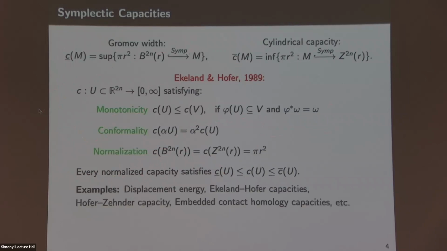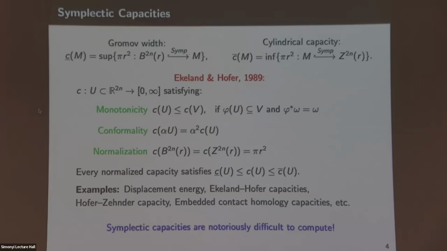Thanks to their introduction, many other capacities were constructed using very different tools in symplectic geometry. So they're not just these embedding ones like the Gromov width and the cylindrical capacity. And this allows you to study symplectic manifolds using different tools.